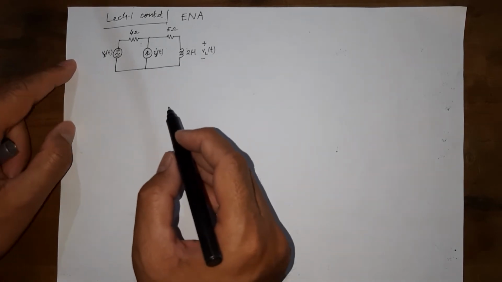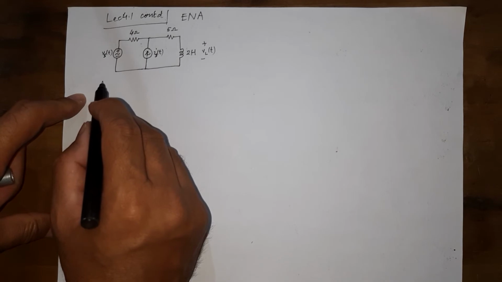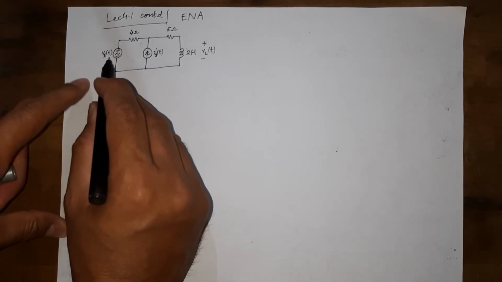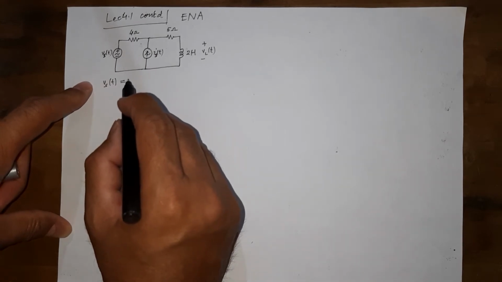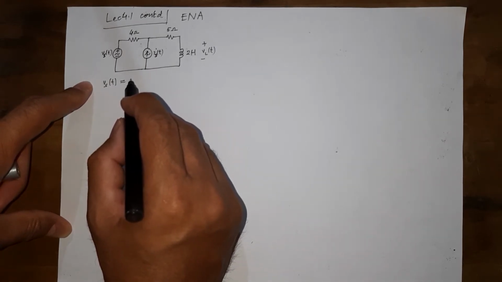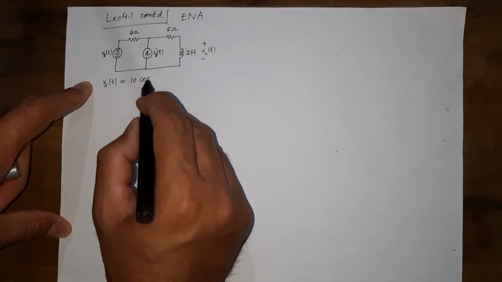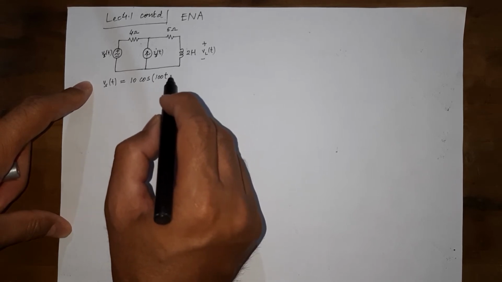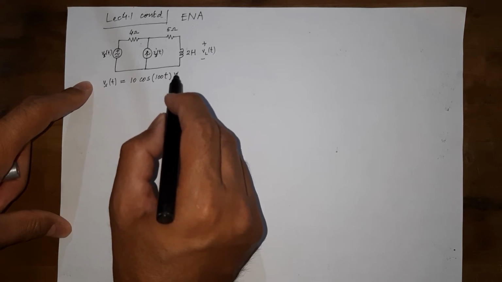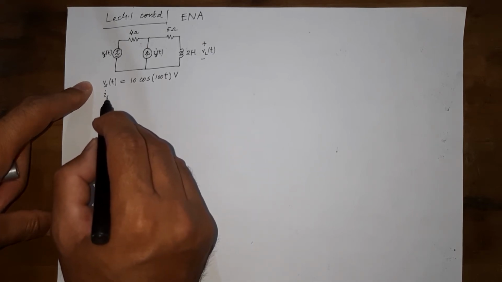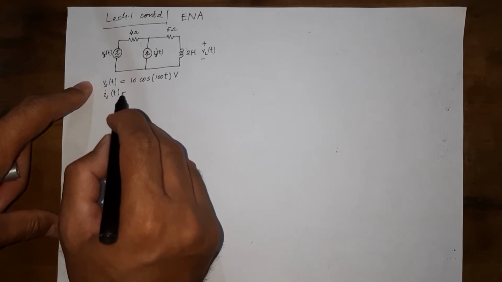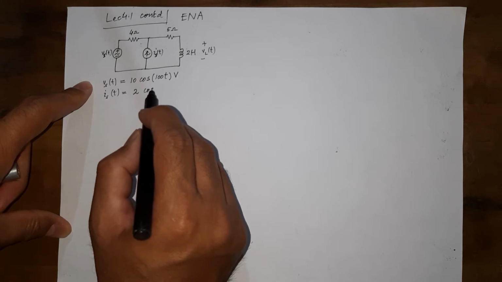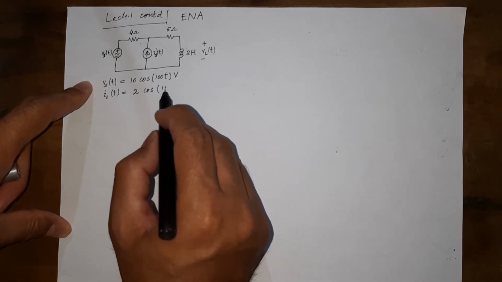So this is the question posed to us, where it is additionally given that the source voltage is a sinusoidal voltage source, and say it is 10 cos(100t) volts, and say the current source is also a sinusoid, 2 cos(100t + 45 degrees) amperes.